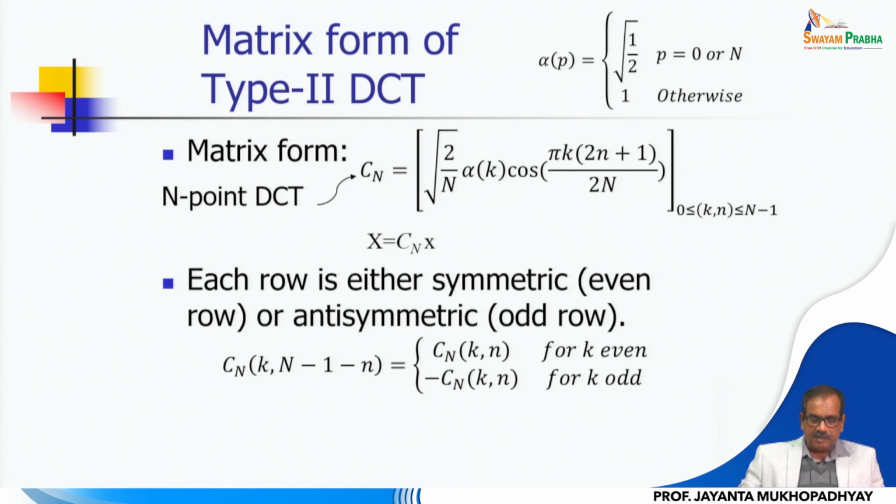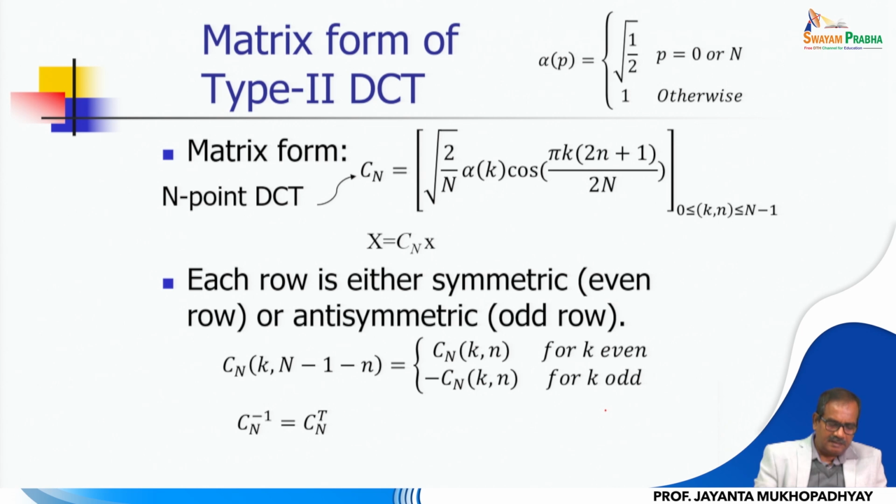You can see that for k equal to even, it is an even row. So, that means k value 0, 2 like this, and for k equal to odd, it is antisymmetric, and this property shows that. Another thing is that this matrix is an orthonormal matrix. So, being an orthonormal matrix, you can compute its inverse very easily.